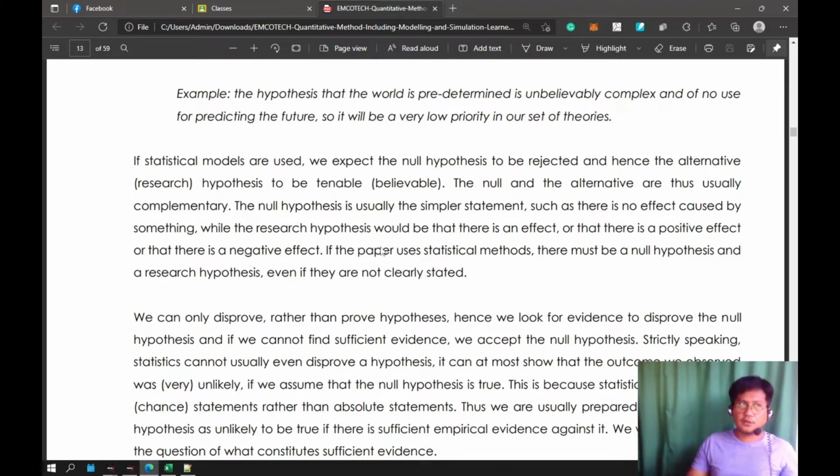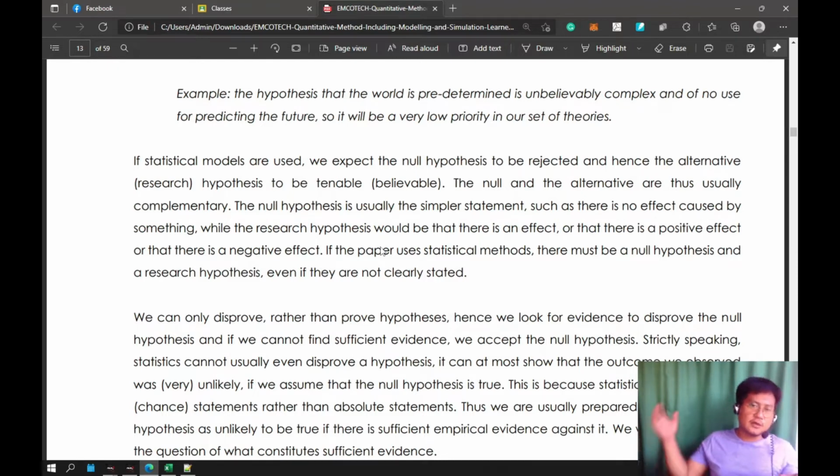You say that there is no relation between the number of garbages and the behavior of Pagadianons. That's the null hypothesis. Your actual hypothesis is that you want to prove that because of these types of behavior of Pagadianons, Pagadian has a lot of garbages scattered around the streets.